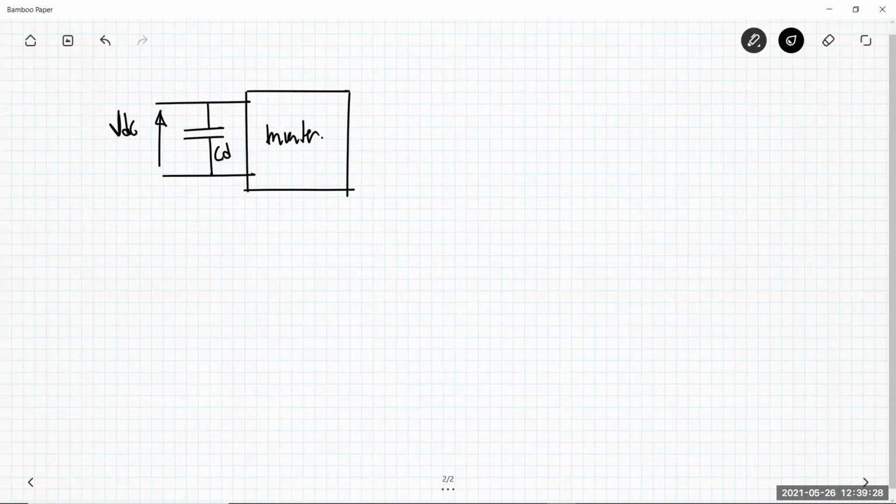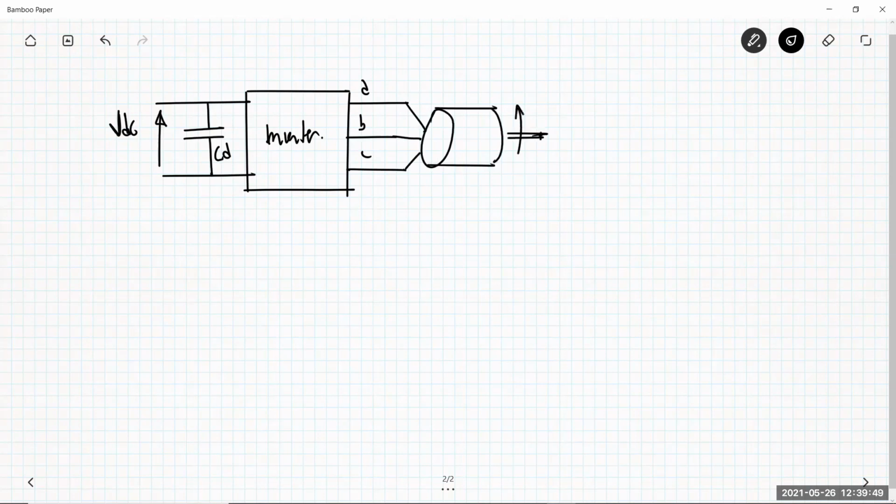Then I have three outputs, A, B, C. They are connected to my motor. This is the shaft, so we have an operating speed here. This is my BLDC motor.